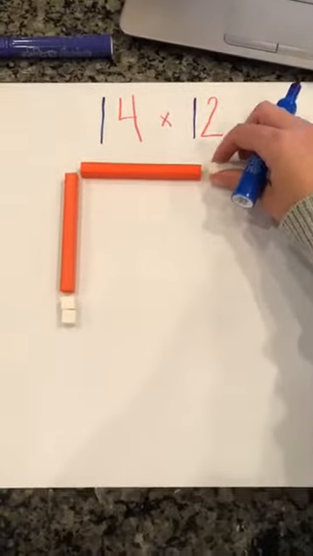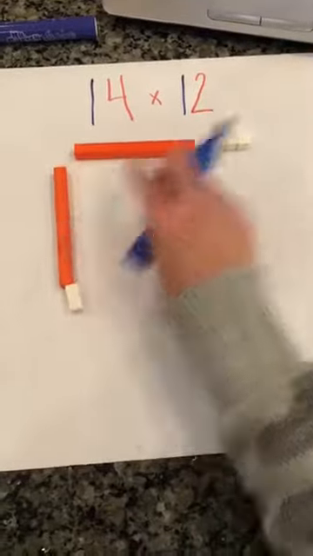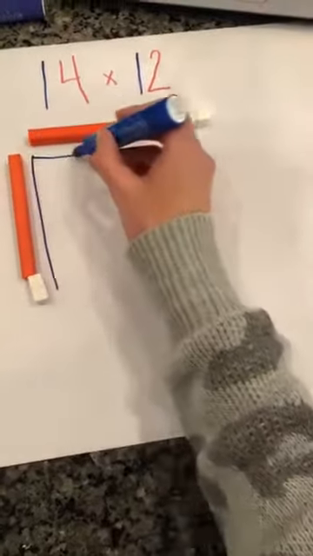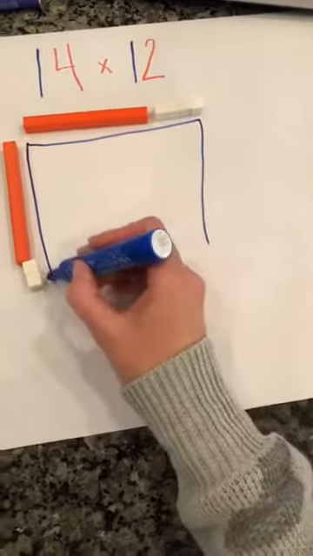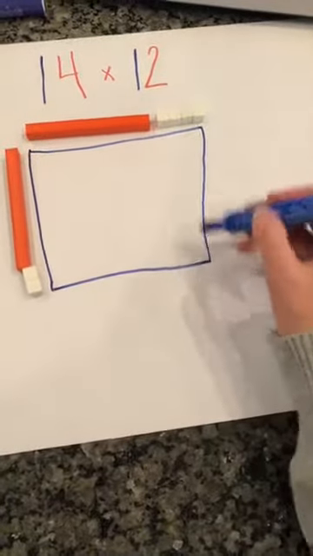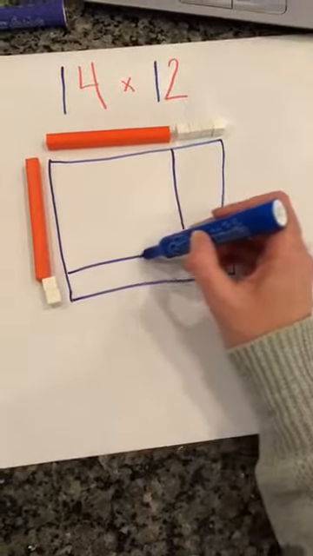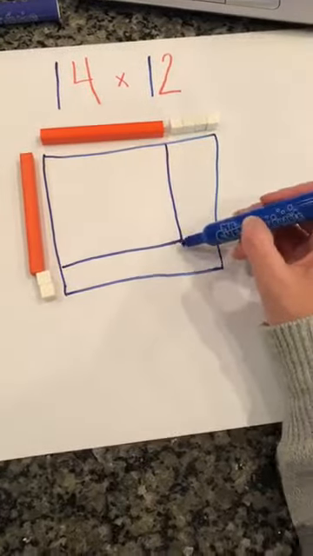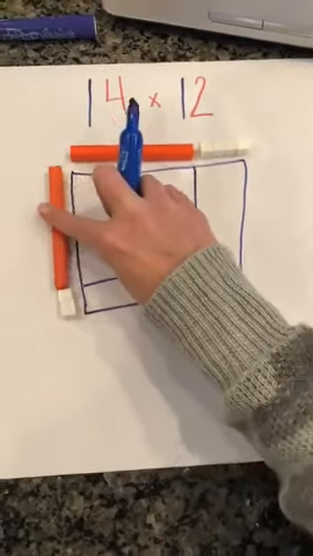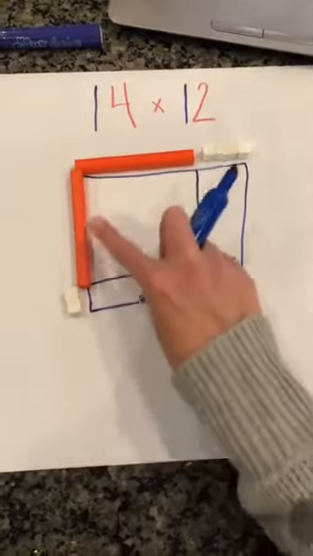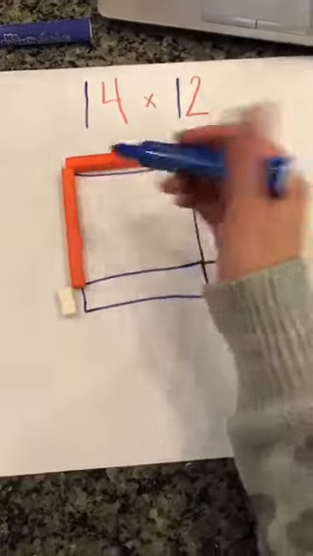I don't want to draw on these lovely things, so pardon me as I attempt this. So if I was to fill in this box, to fill in my area, okay, so this box, here's my 14, here's my 12. This box is a 10 by 10, which is 100.